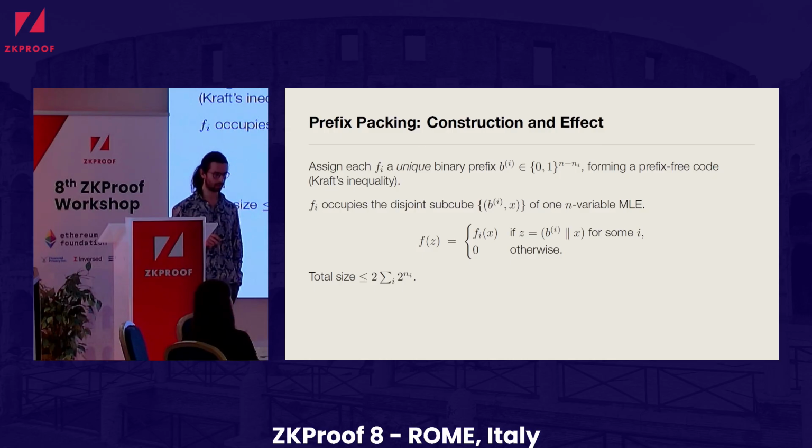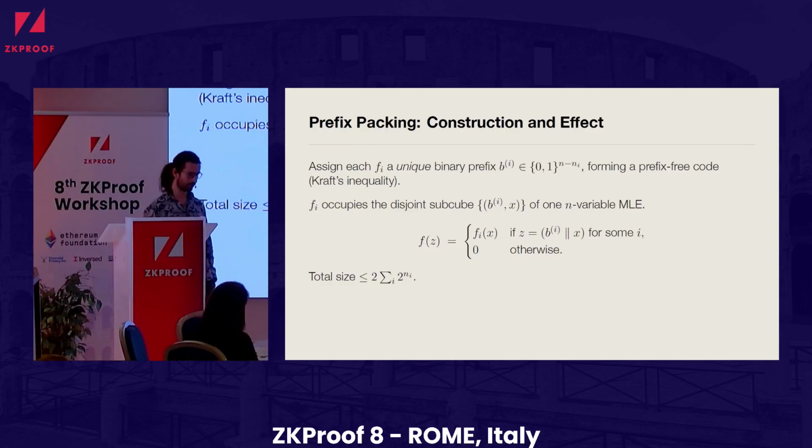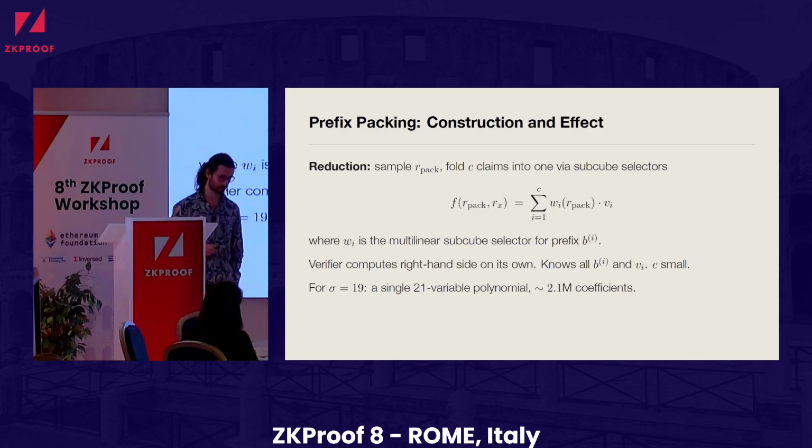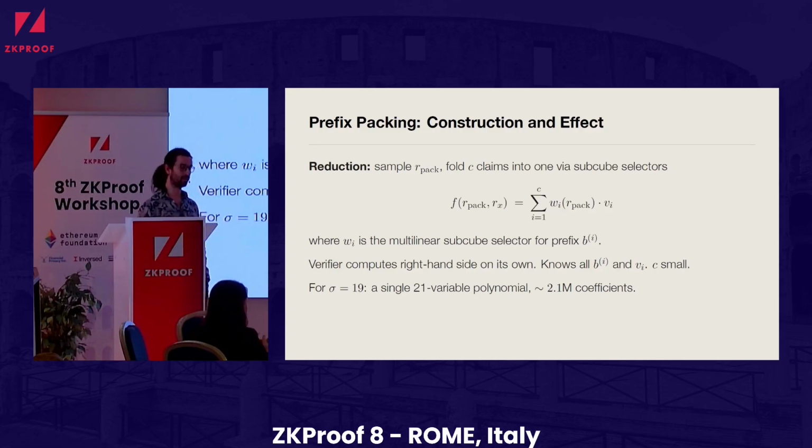So we have our big polynomial f described as follows, and we can put some bound on the size of the polynomial. Once we have that polynomial, now we want to fold these claims into one via these subcube selectors.